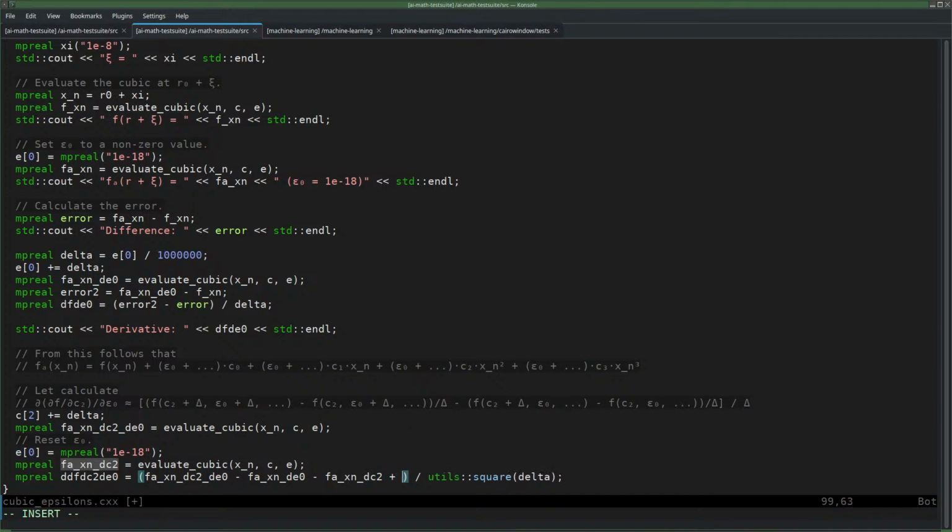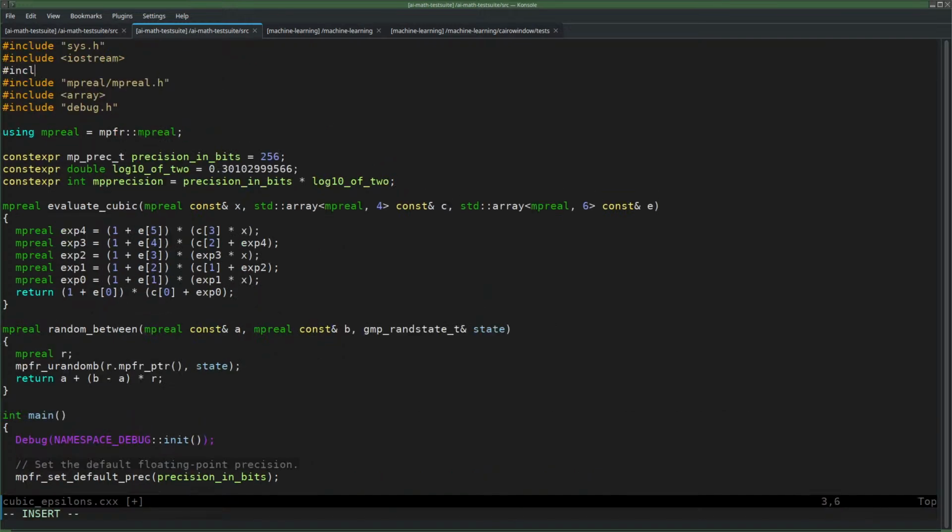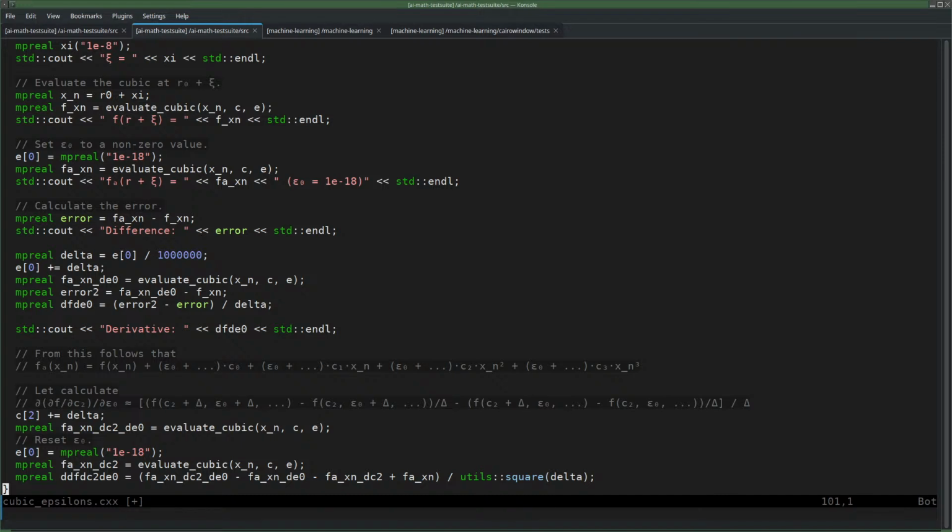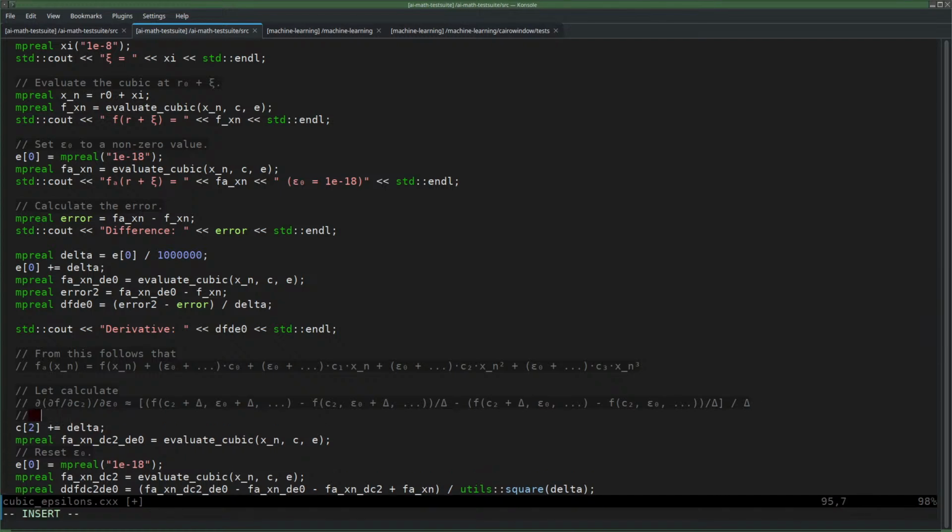And then plus the normal one, which is this one. Just write it out here as well.